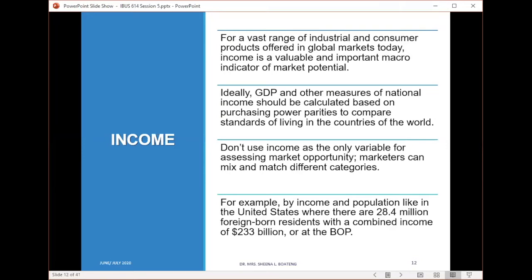So income alone is not a good predictor, because I can tell you that there are a lot of Gen Zs who now use iPhone 11s, iPhone Pros, and they do not earn a single dollar or single cedi. So imagine if we were using income alone, we would have lost that entire segment, because they have the purchasing power to buy those products and the need and the desire for those products, not because they can afford them.